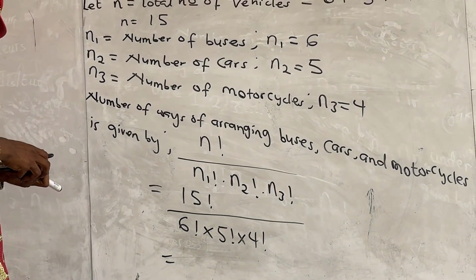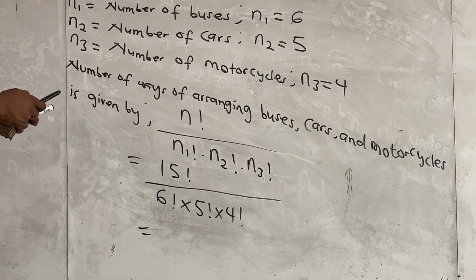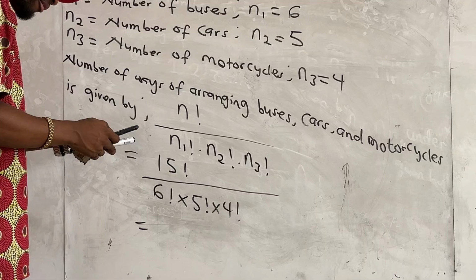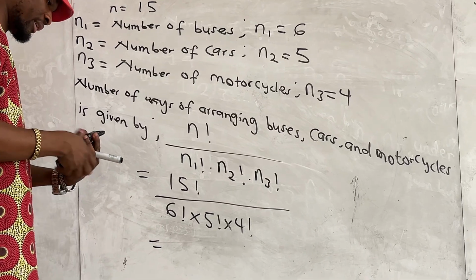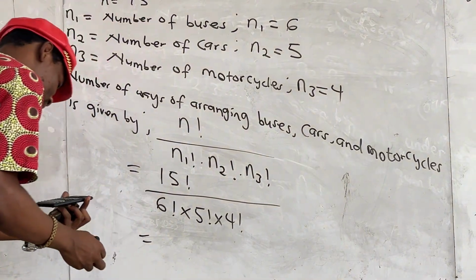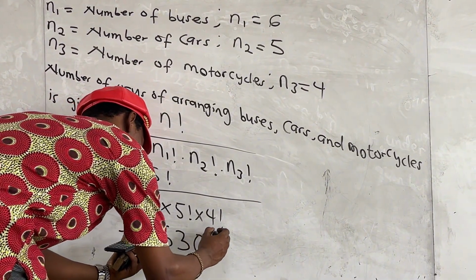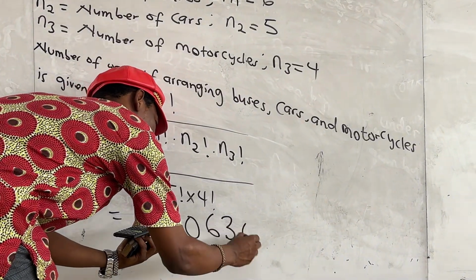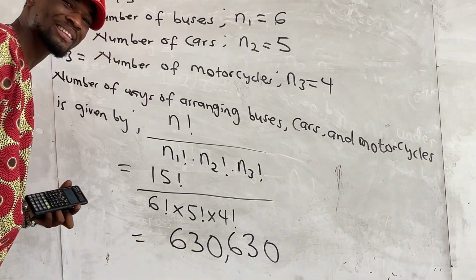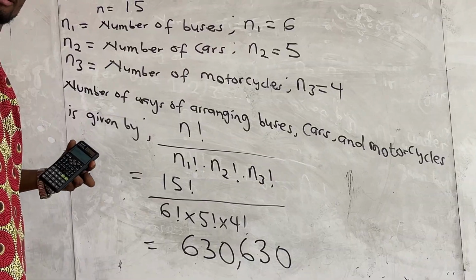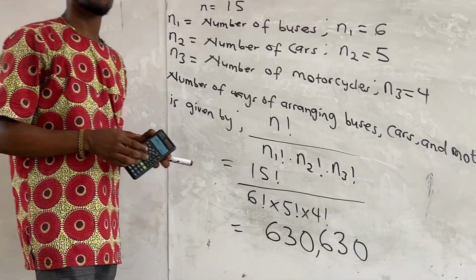With the help of the calculator, 15 factorial over 6 factorial times 5 factorial times 4 factorial gives a very huge number: 630,630. Viewers, this is the end of this trivial question.